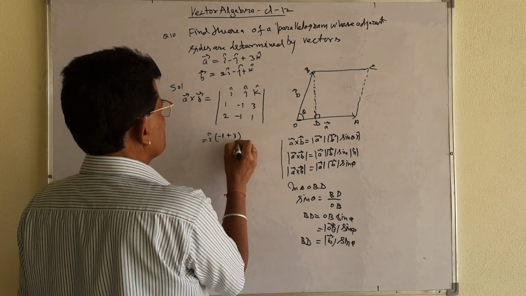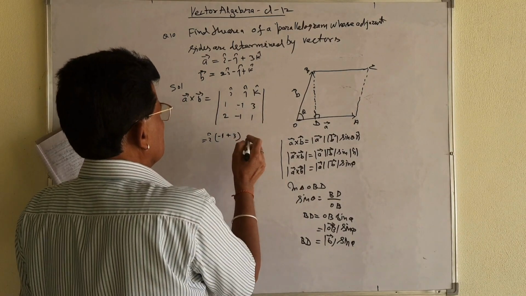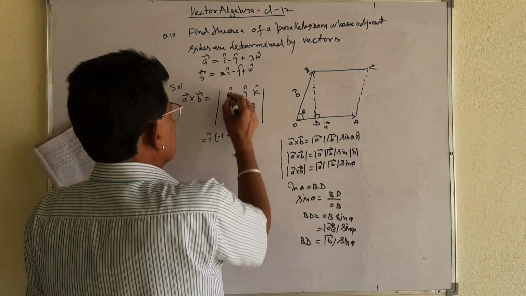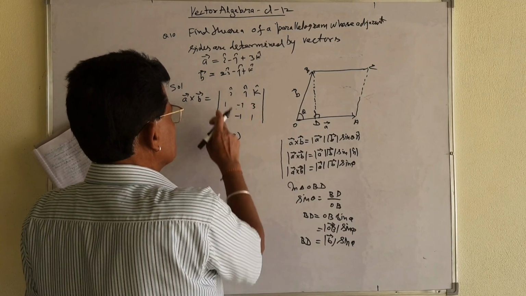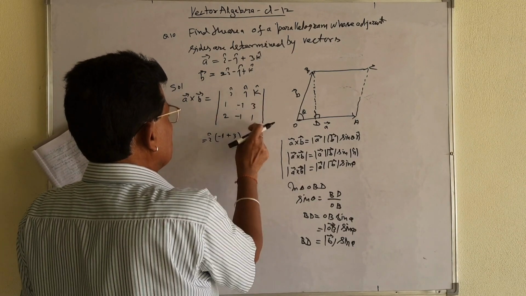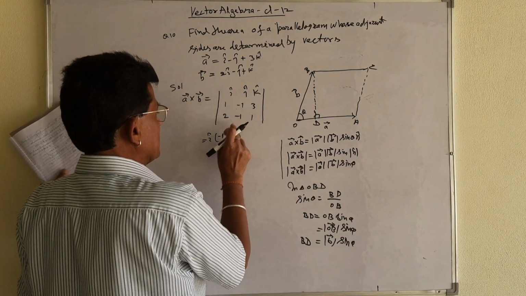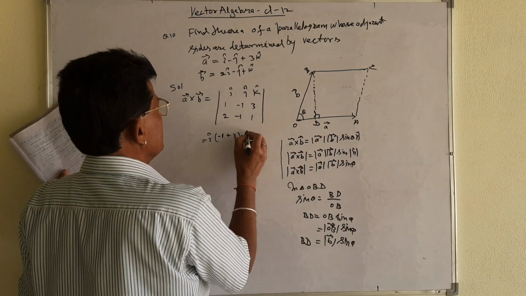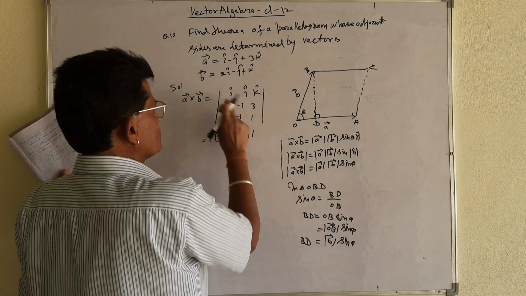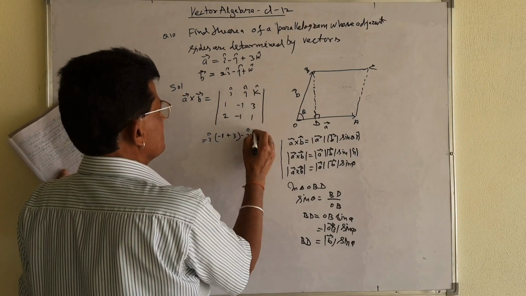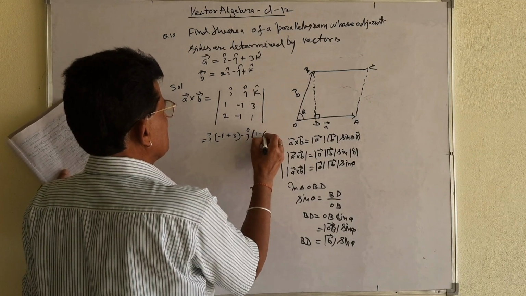That will be 3. I told you already, you delete this column and this row and multiply the numbers. Minus 1, and negative into negative is positive. I have taken minus j. You delete this column and this row: 1 into 1, 1, and minus 6.